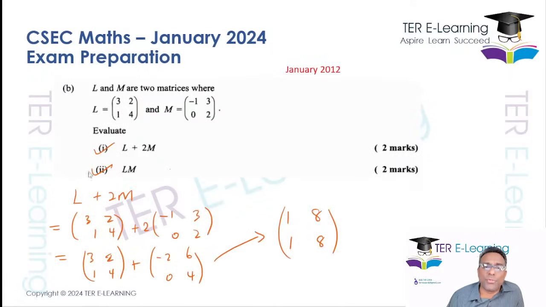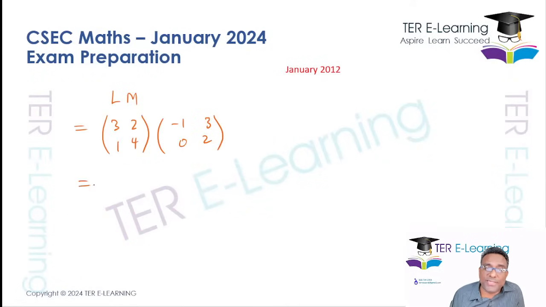Right, so we're going to do matrix multiplication. So we need to remember row by column. So the first thing I'm going to do, I'm going to take this row and multiply by this column here. So 3 by minus 1 is going to be minus 3, plus 2 by 0, so this is minus 3. Next thing I'm going to do, I'm going to take this row, but this time multiply by this column here. That's 3 3s are 9, and 4 is 13.